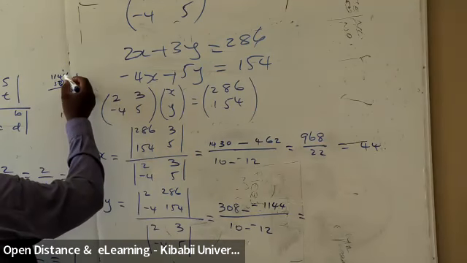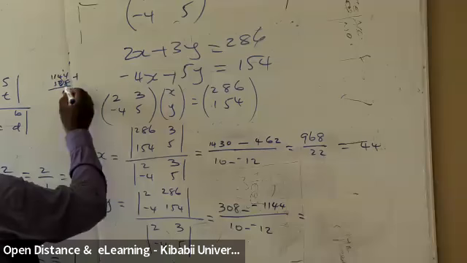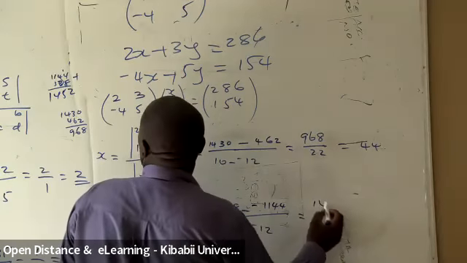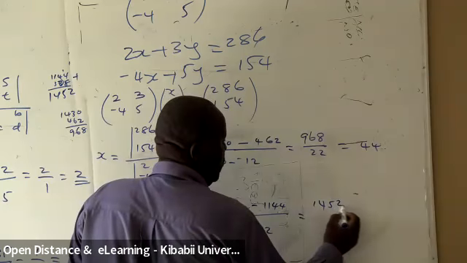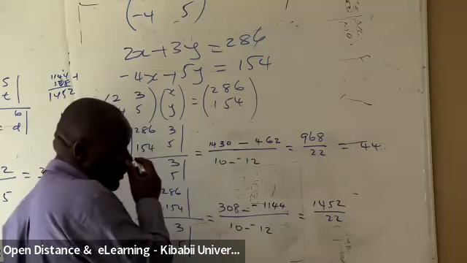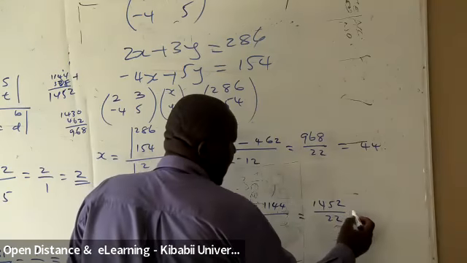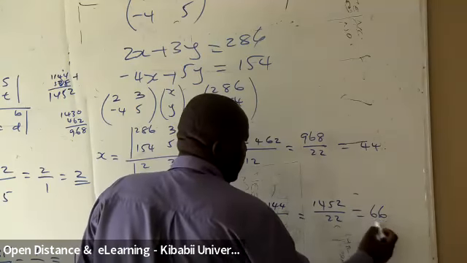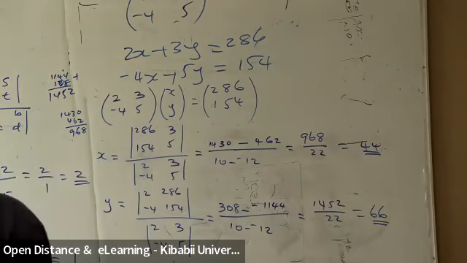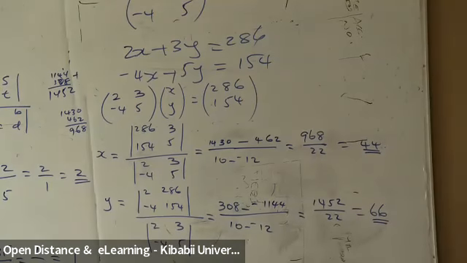This gives you 1452 divided by 22. And that should give you 66.